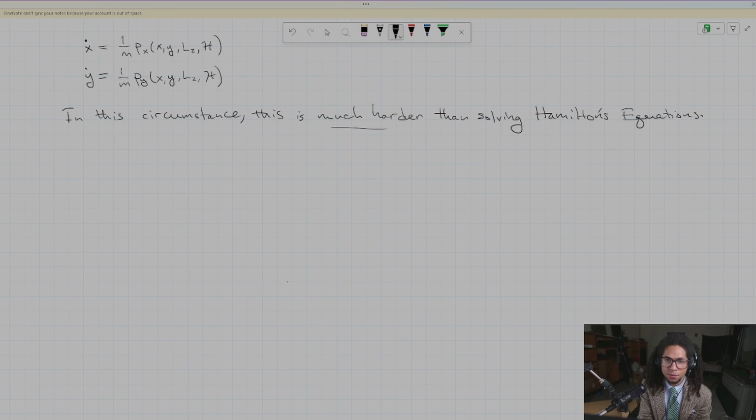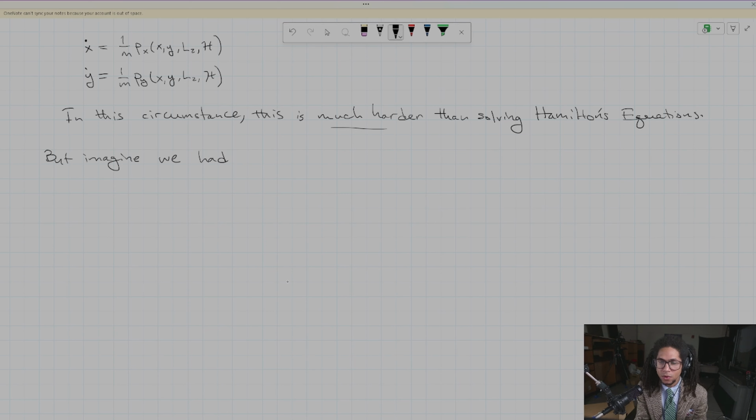So imagine we had h was some complicated px squared over 2m plus py squared over 2m plus some complicated v of xy that still had rotational symmetry.